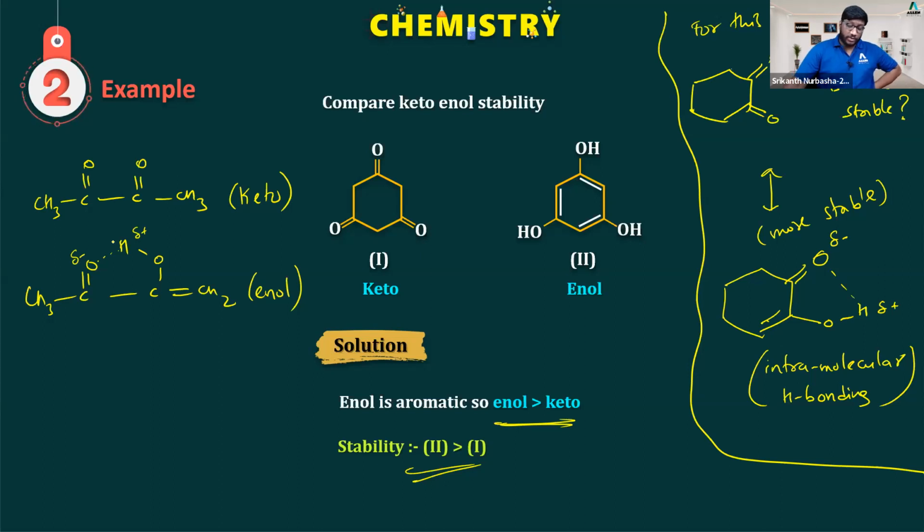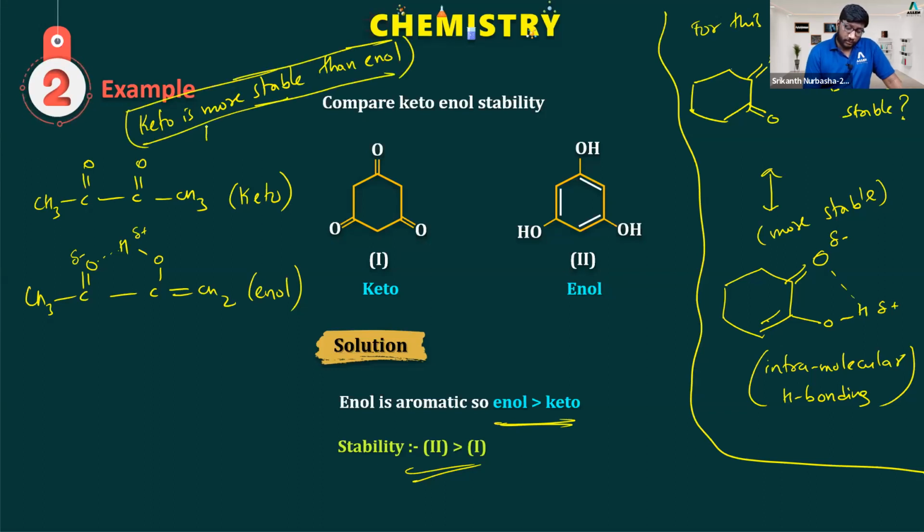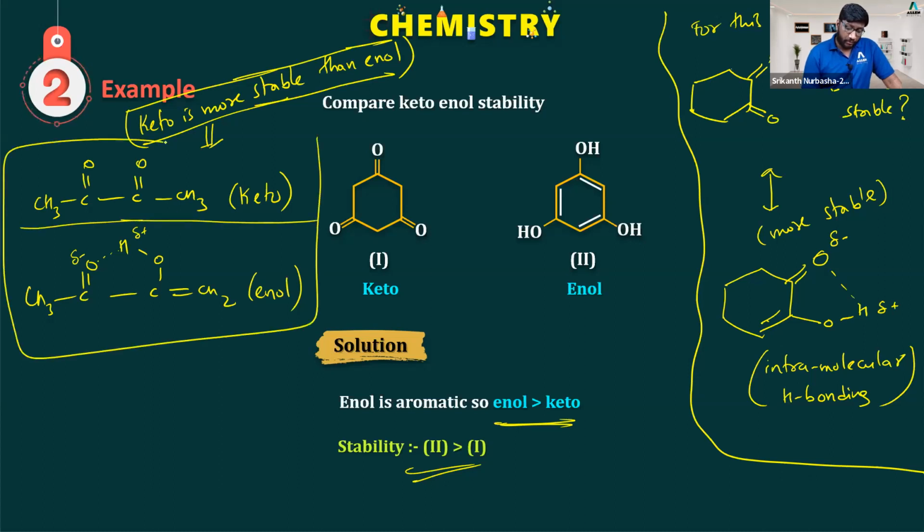In this case, keto is more stable than enol. Why? Because CH3, C double bond O, C double bond O, CH3 will not exist in this fashion.